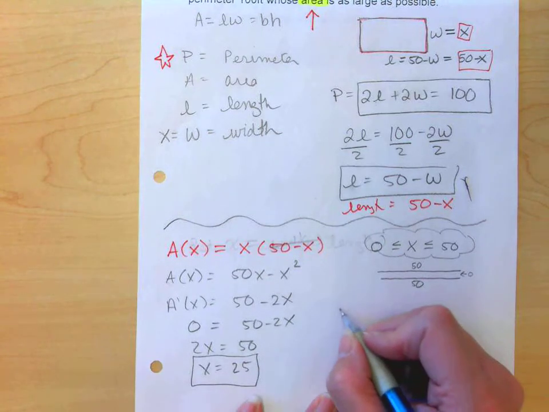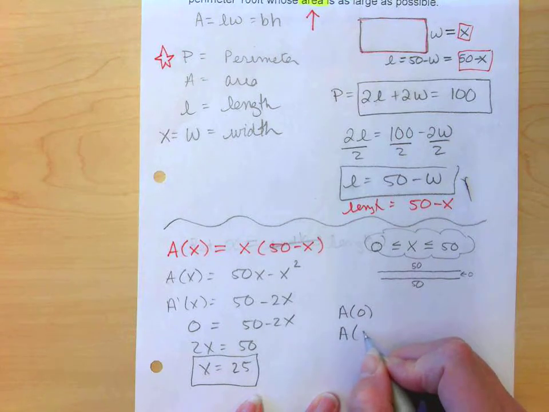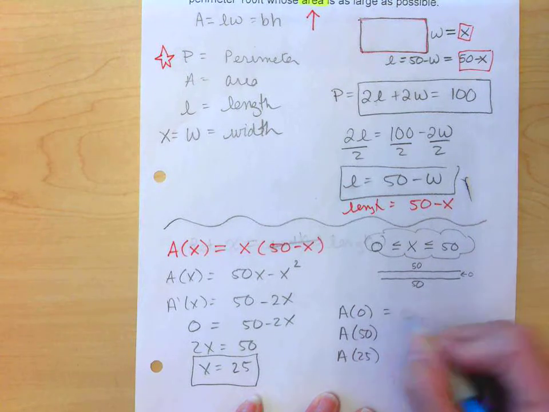The last step is to evaluate the area at each of the endpoints and at the critical number.